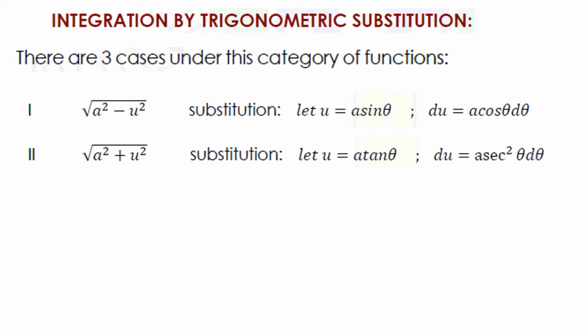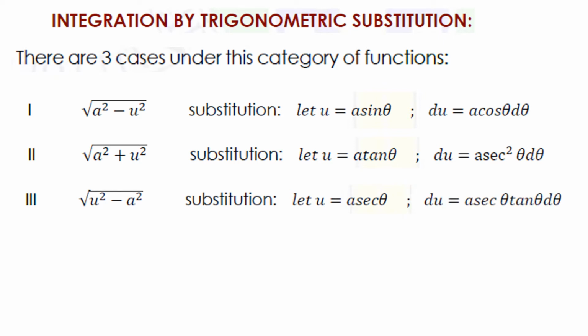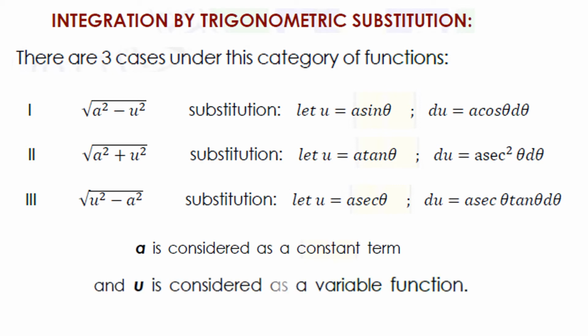Taking du, it gives a secant squared theta d theta. Third, if the integrand involves the square root of u squared minus a squared, we substitute u equals a secant theta. Taking du, it gives a secant theta tangent theta d theta. Take note that a is the constant term while u is a variable function or the variable of integration.